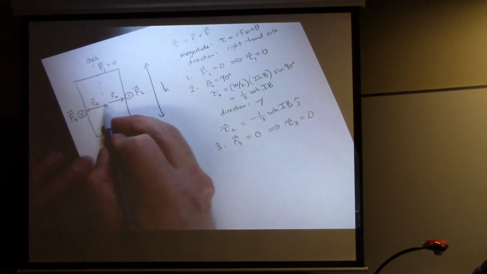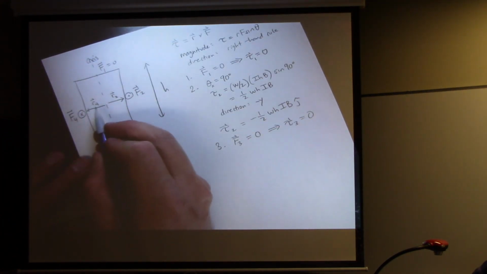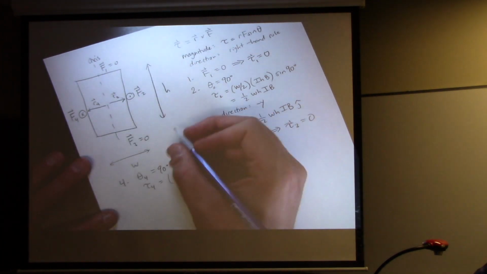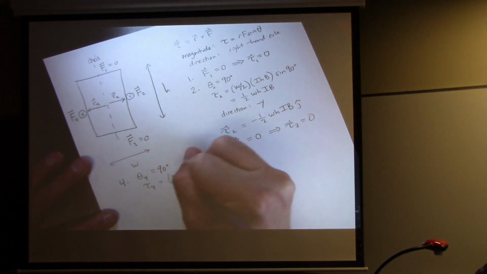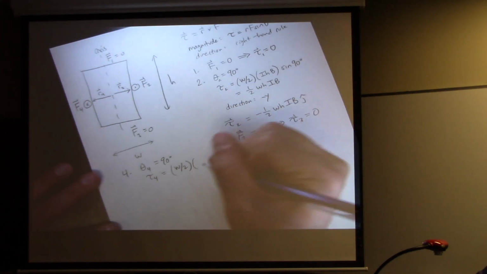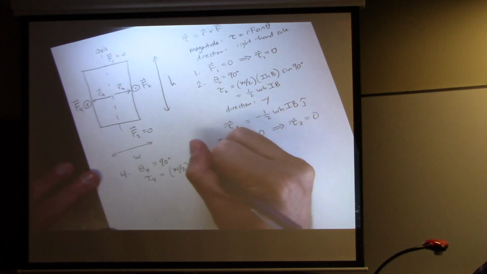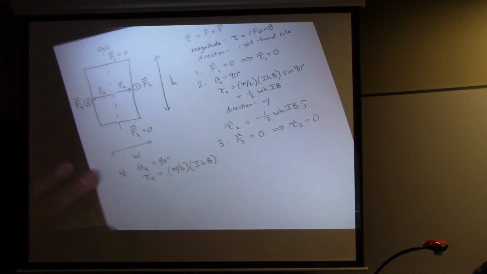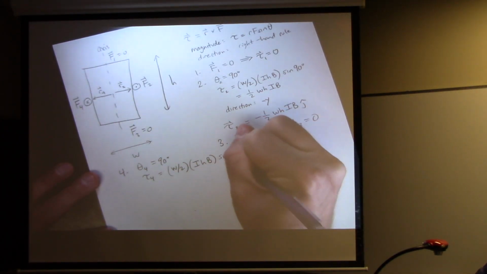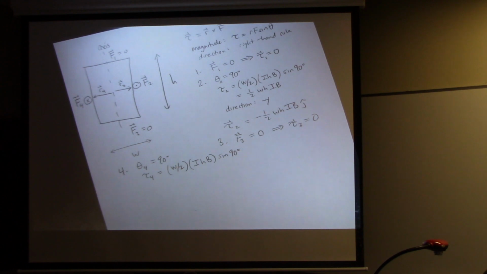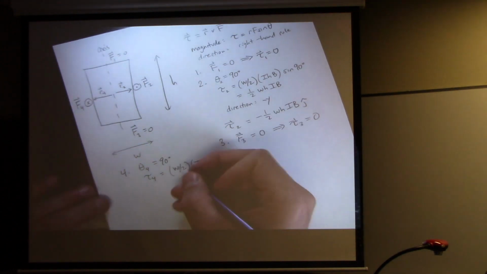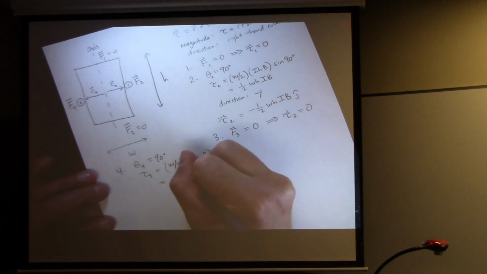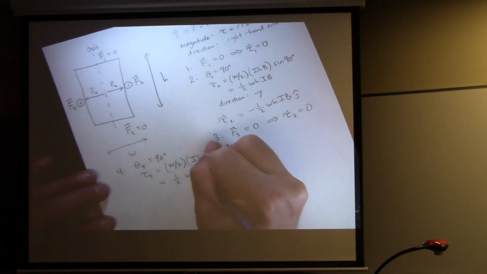So it's just, again, a straight line distance from the center of the loop, where we have the axis of rotation, to the edge of the loop, where that force is being applied. That's half of w. That's half the width of the loop. Then we have I times h times b. That's the magnitude of that force, as we found earlier. And then we take sine of 90 degrees. Okay, so it's actually the same amount of torque as we have on segment number 2. It's 1/2 WHIB.